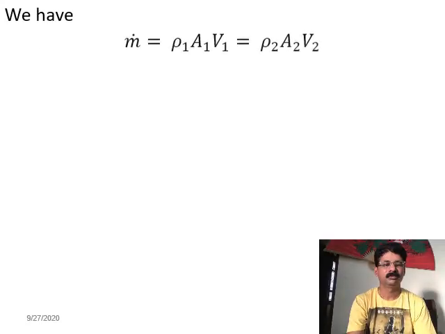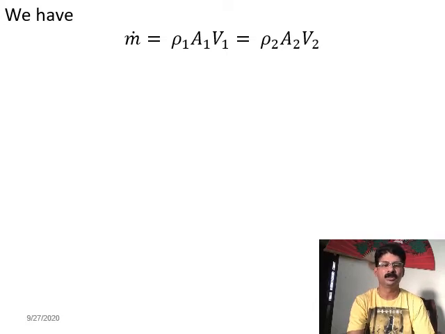Now to find out the inlet and outlet area, I told you to use the continuity equation. m dot is equal to rho 1 A1 V1 is equal to rho 2 A2 V2, or you can also write it as 1 by v1 times A1 V1 is equal to 1 by v2 times A2 V2.